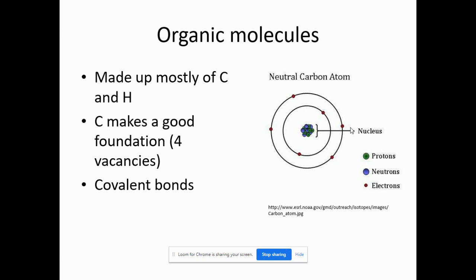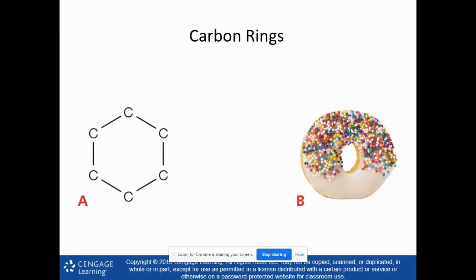And as you see here, carbon can make rings.